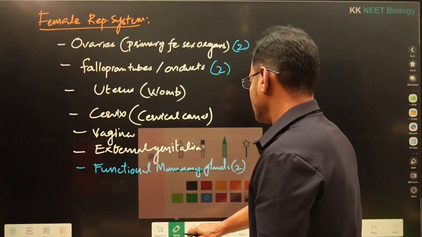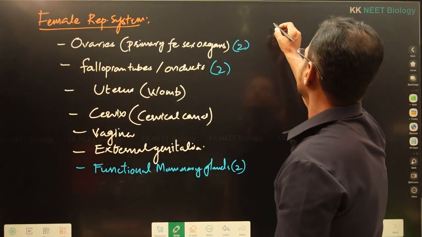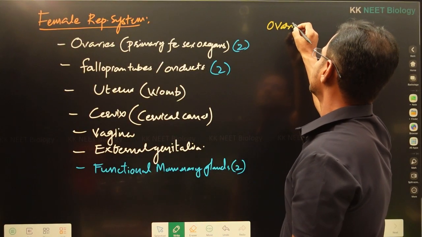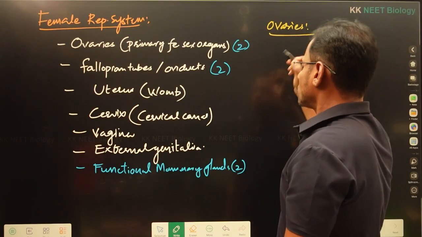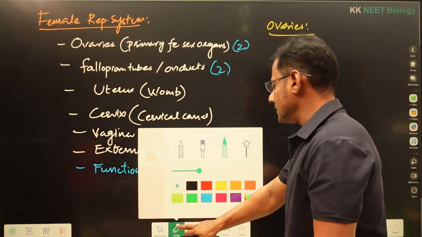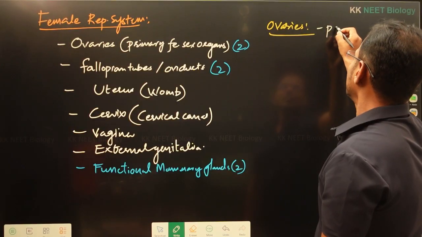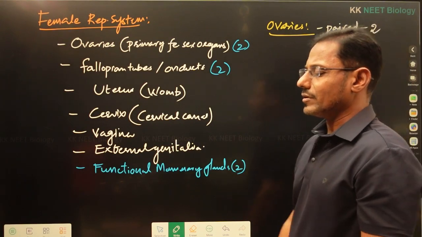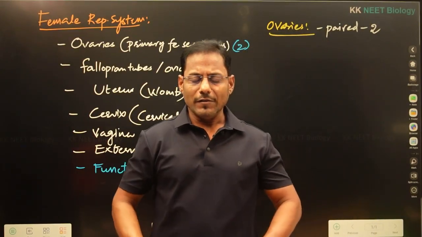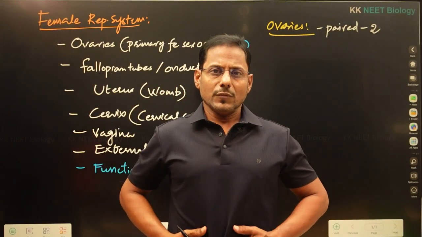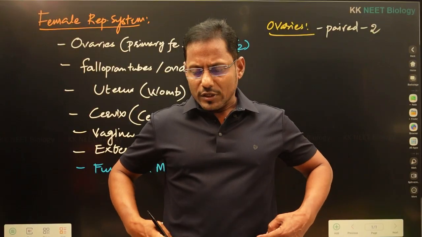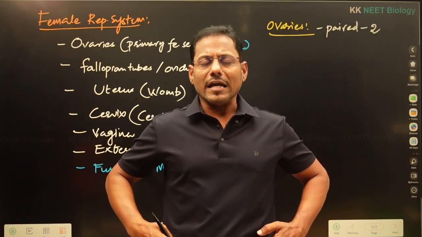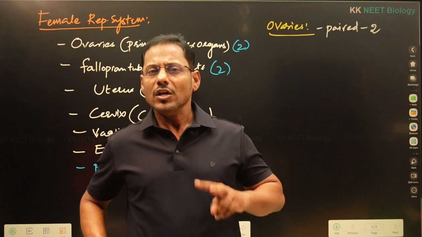First one is the ovaries. These are paired organs, in the sense that 2 ovaries are present in the lateral region of the pelvic area. So this is the pelvic area. Here is one ovary, the right ovary, and this is the left ovary.